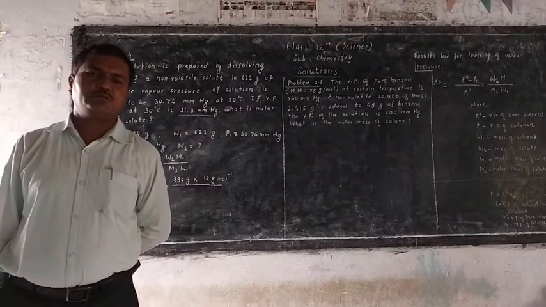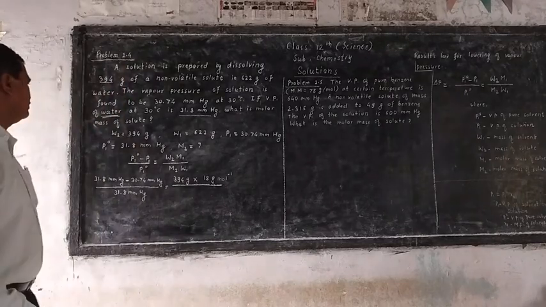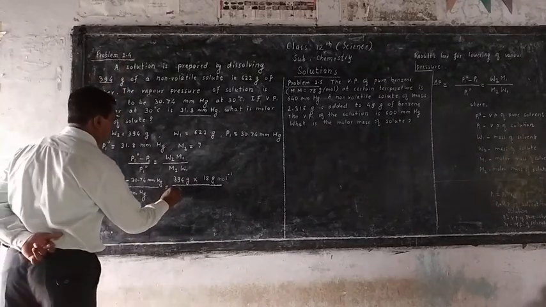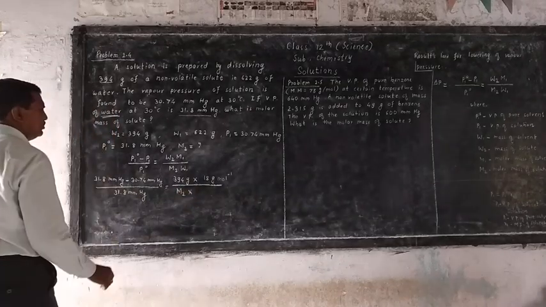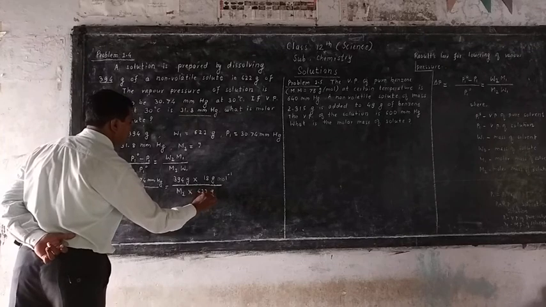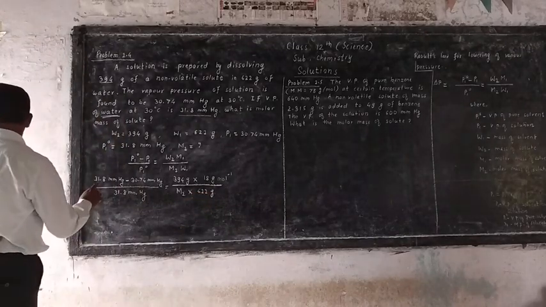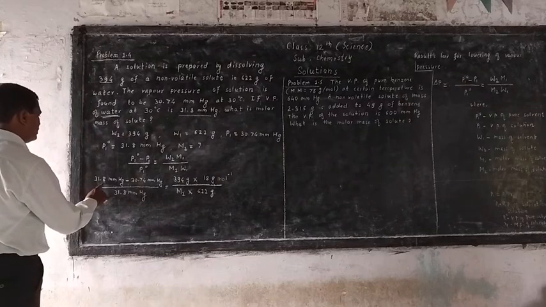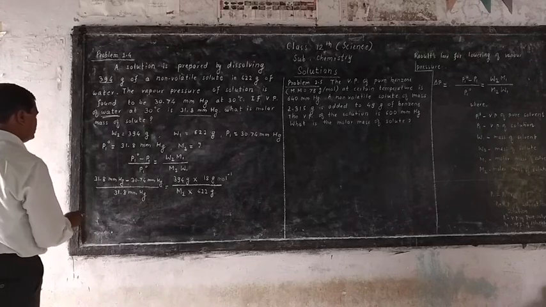So molar mass of H2O is 18 gram per mole. Now here M2 into W1. W1 is 622 gram. So 31.8 minus 30.74.